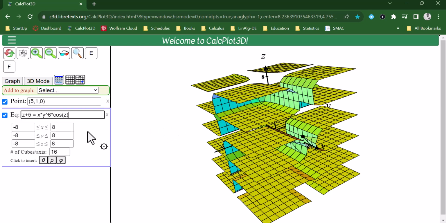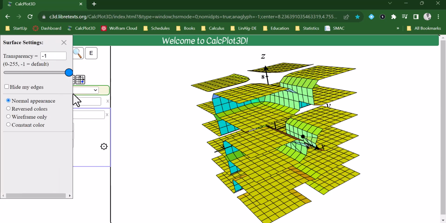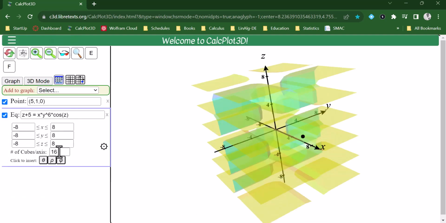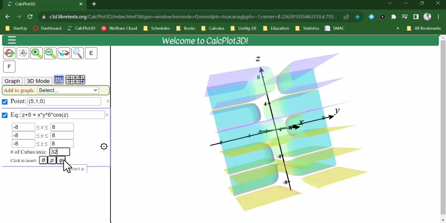All right, let's make this just a little bit more transparent, and let us get rid of the lines, and let's make this a little bit finer. It'll probably slow down the rendering, so it'll be harder to take a look at it from different points of view. But here's your point. Maybe 32 is a little bit too much.